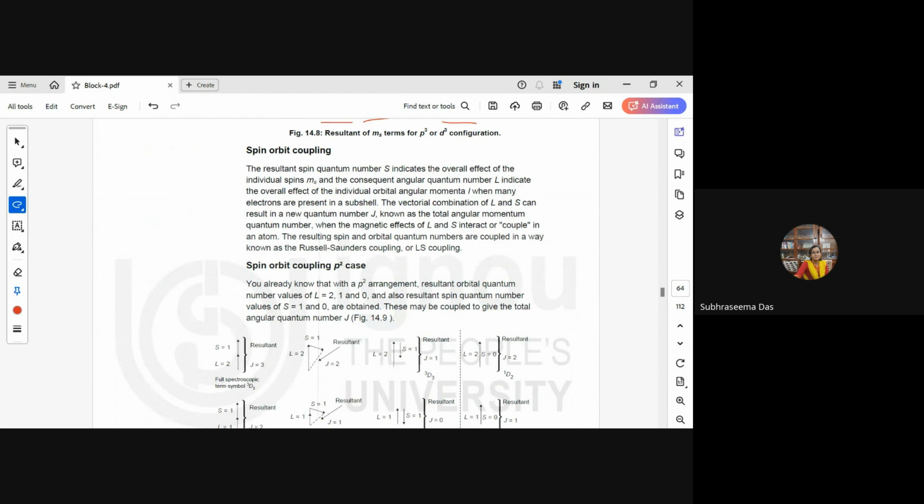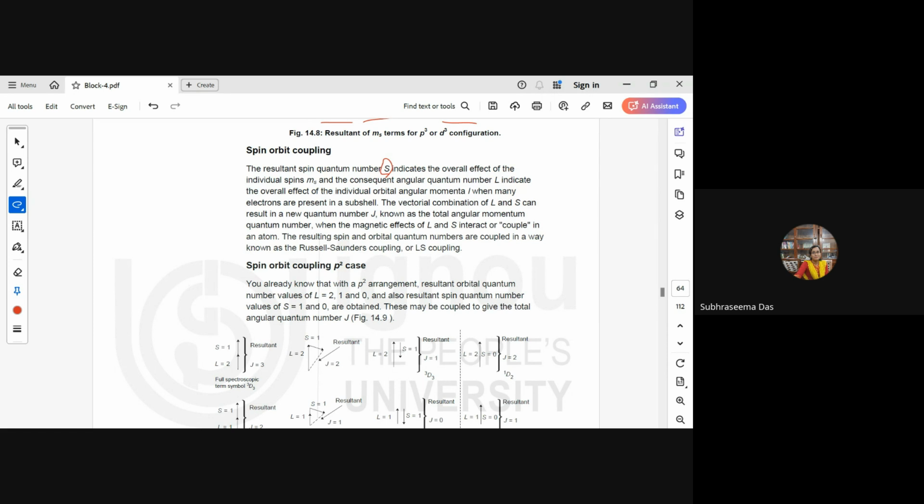Now considering the spin-orbit coupling. The resultant capital S, the spin quantum number, indicates the overall sum of the individual spins present, and similarly the quantum number capital L indicates the sum of the individual orbital angular momenta, small l. Small l represents the individual angular momentum, small s represents the individual spin quantum number, and capital S indicates the summation of the vectors.